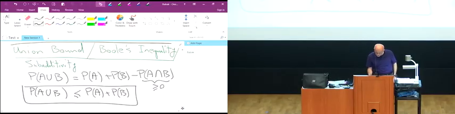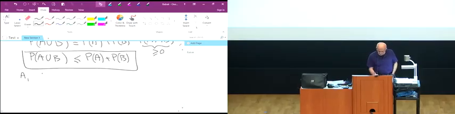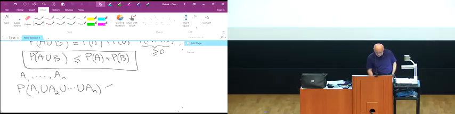Okay? The generalization of this is for n sets. In fact, you can do a countably infinite set of sets. So if you have sets A1 through AN, the probability of A1 union A2 union all the way to AN is always less than or equal to the sum of the individual probabilities.